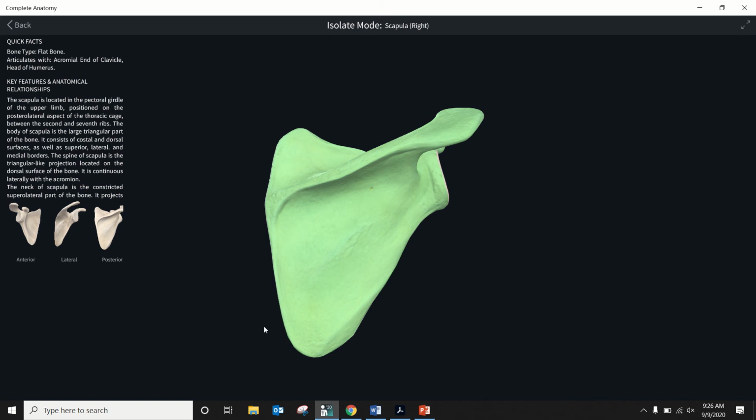All right, the inferior angle. The inferior angle is just that bottom angle, so down here. If anything's inferior, it's below, closer to the bottom. The significance of the inferior angle is mostly clinical for us.